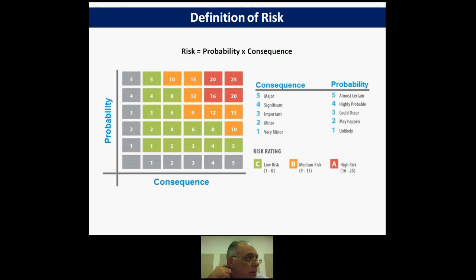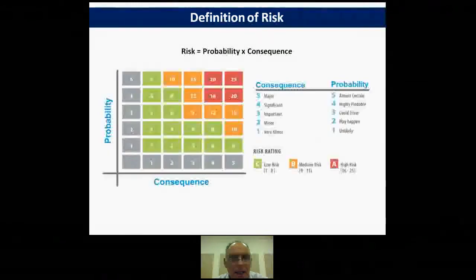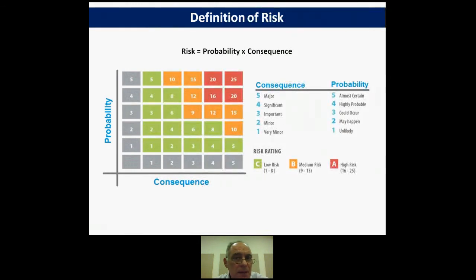It is important also to note that there are regions which present an equal risk, but not the same risk, because the combination of probability and consequence will give us the same number, namely 20, for example, but that can be a combination of a high probability and a lower consequence, or a higher consequence and a lower probability.